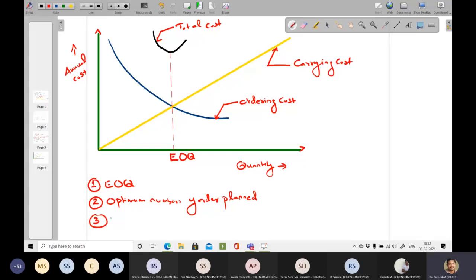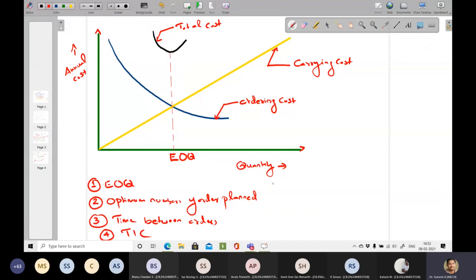Third, the time between orders. And fourth, the total cost of inventory. So these are the things we will determine from the inventory model problems: the order quantity, the optimum number of orders planned, time between orders, and total inventory cost.